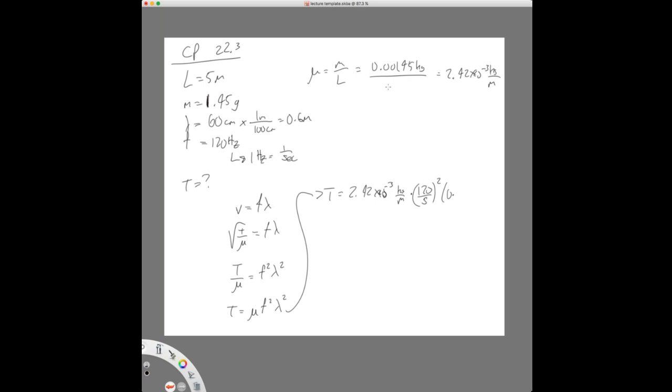So this number was not the right number. Let's do it as 2.9 times 10 to the minus 4.